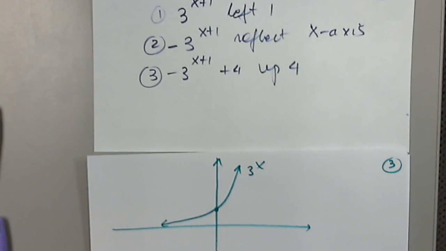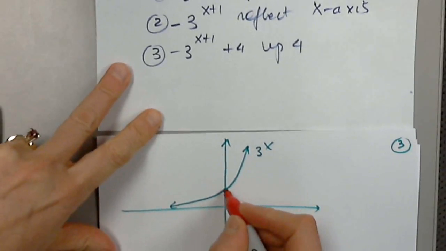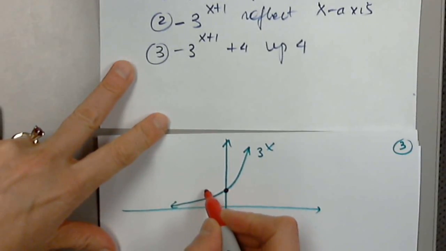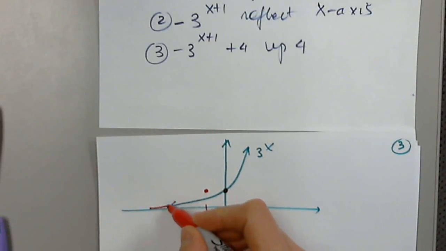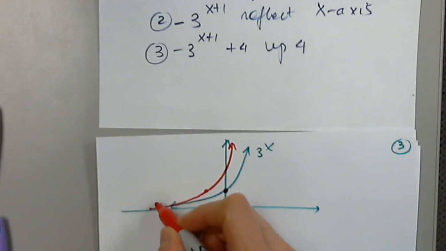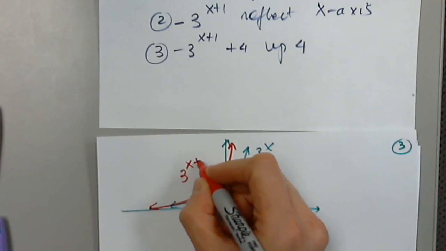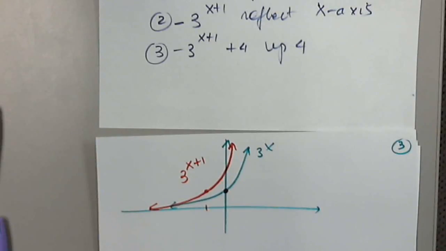Then you told me to shift it to the left one, okay? So this is my marker point. I'm going to move it here. Where is this point now? Negative 1, 1. I agree. So here's the graph of 3 raised to x plus 1. Then you told me to reflect.